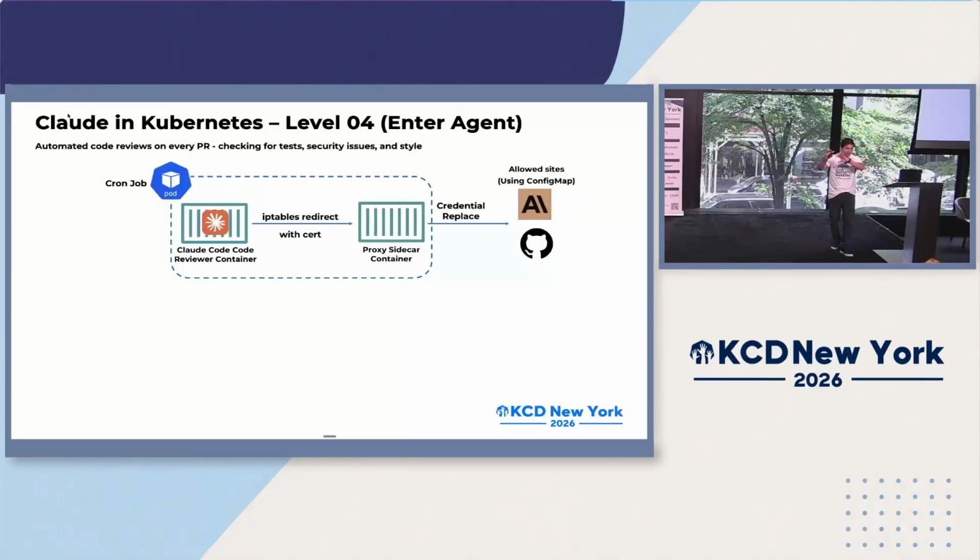So the reviewer reviews the code, and the developer develops the code. So let's first start with code reviewer. So it's basically a pod, and what it does is it clones a repository, lists the open pull requests, reviews, plus if it finds something, it comments on the pull request. If everything is good, it merges it.